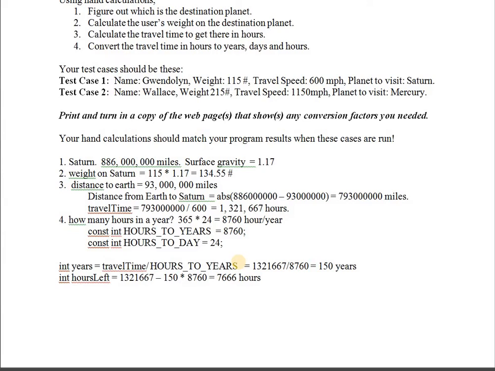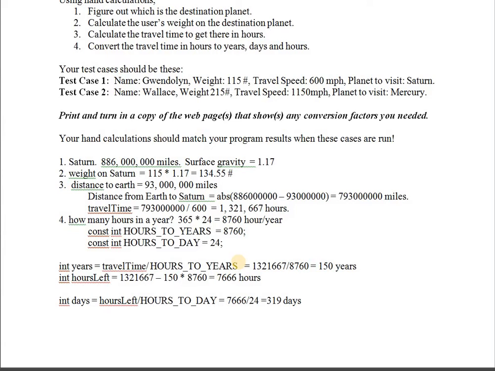So now we have 7,666 hours, and we have to figure out how many days might be in there. So we're going to have days is equal to hours left divided by hours to day, which is 7,666 divided by 24, which is going to be 319 days.